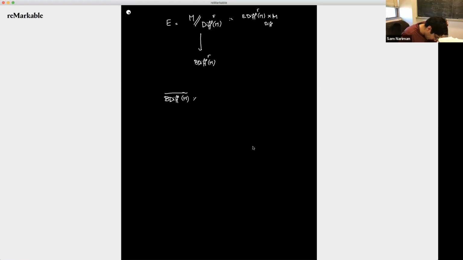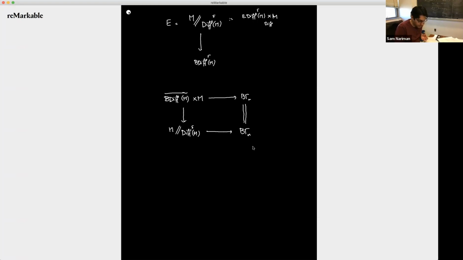So this is like B Diff bar cross M, and then you have a map to M homotopy quotient by Diff delta of M, and then they both have universal codimension n foliations. So they have maps to B Gamma n. Okay.